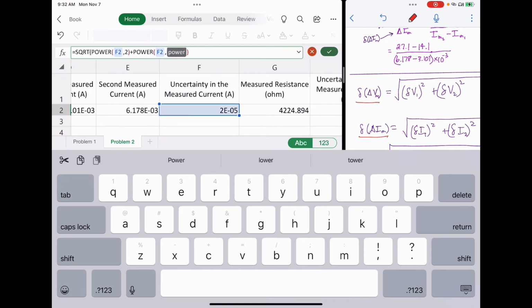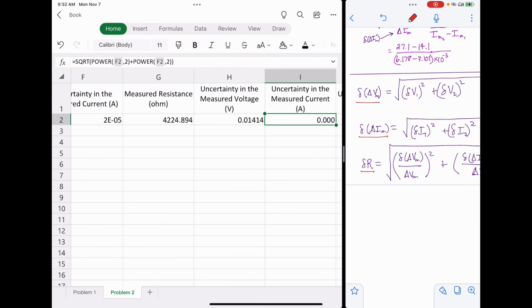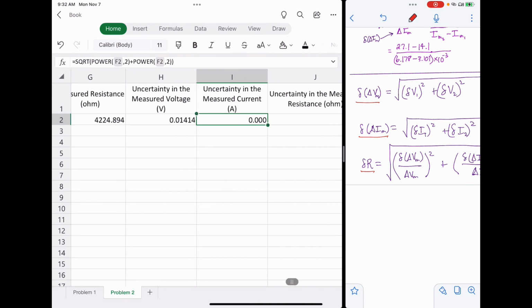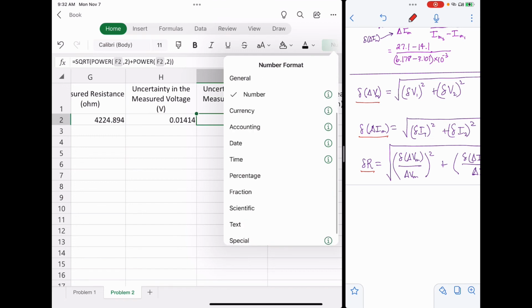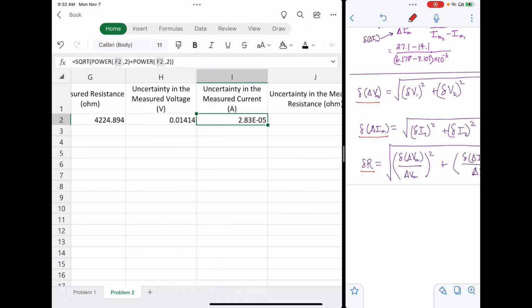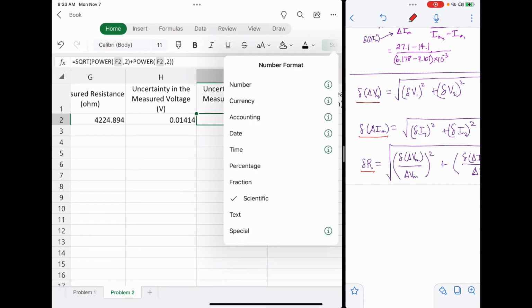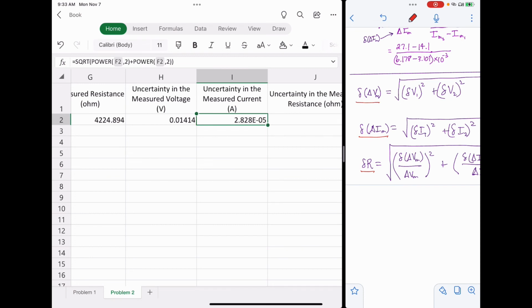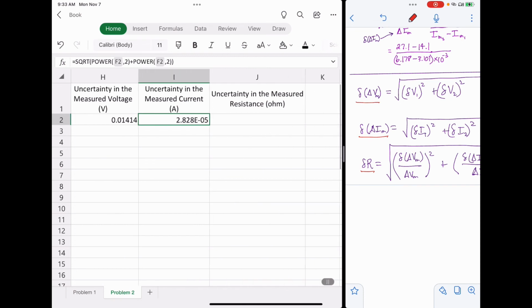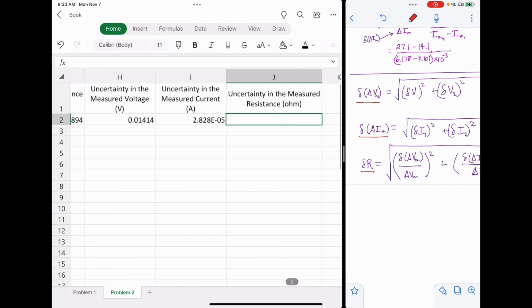Boom. All right. So as you can see, it's showing 0, but we could put this in scientific notation, and we'll get some more of a value here, and I'm going to increase my decimal place.